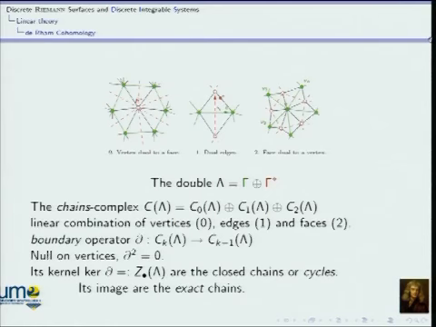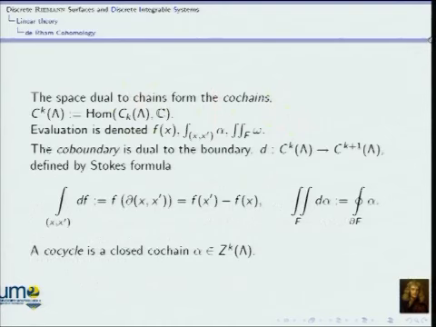First you've got the chain complexes. You all know these things: the chain complexes, linear combinations of vertices, of edges, and of faces. You've got a boundary operator on that, which goes down, and it's null on vertices. The closed chains are in the kernel of this boundary operator, and the image of this boundary operator are the exact chains.